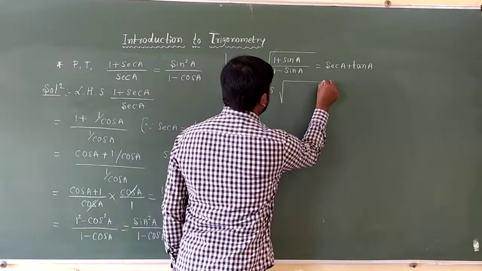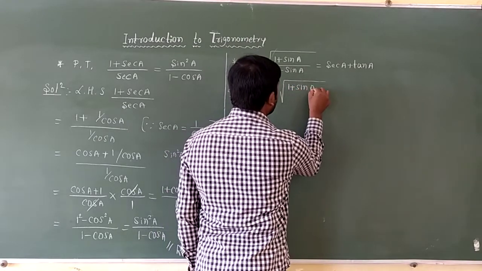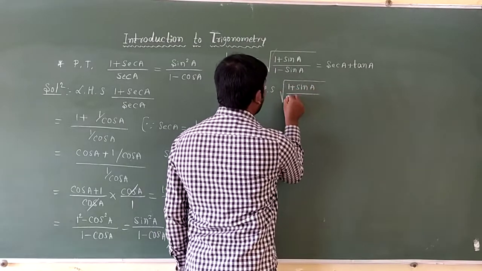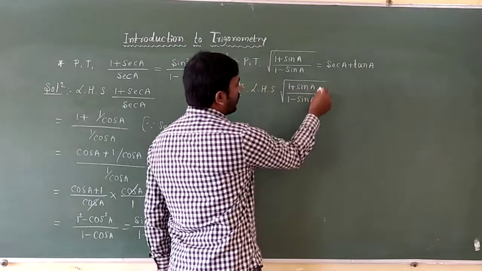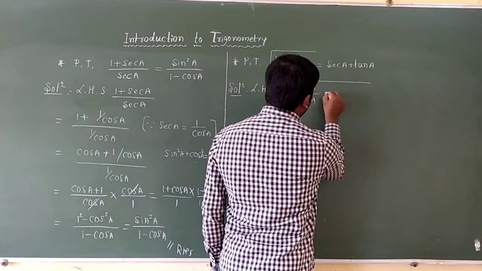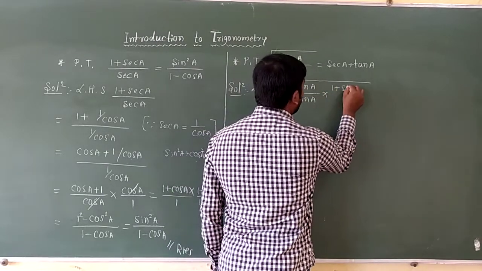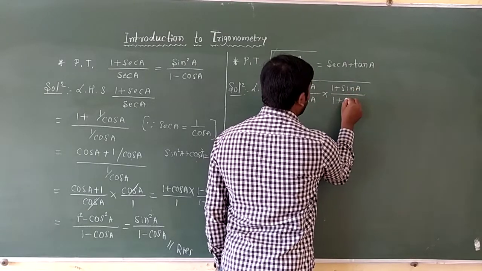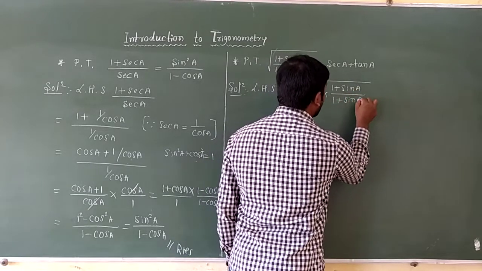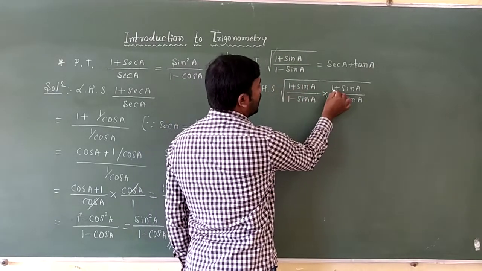Root of (1 plus sin a) divided by (1 minus sin a). We will multiply both the numerator and denominator by 1 plus sin a. If I multiply both numerator and denominator by 1 plus sin a, then we will get this. Here it is in the form of (a plus b) into (a plus b).